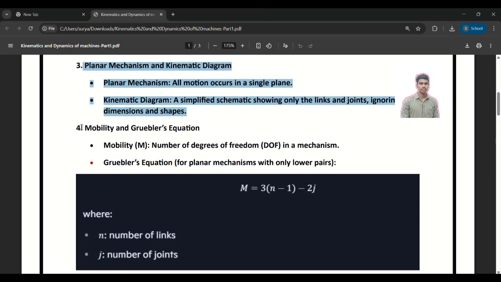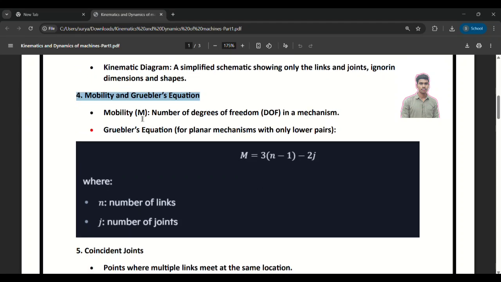And then if we talk about mobility and Grubler's equation, mobility is also known as the degree of freedom. Degree of freedom is the ability of a body to move independently without any constraints. That is degree of freedom. Here mobility is denoted as m, and Grubler's equation is for mechanisms with only lower pairs.